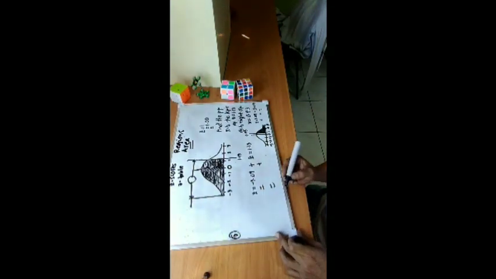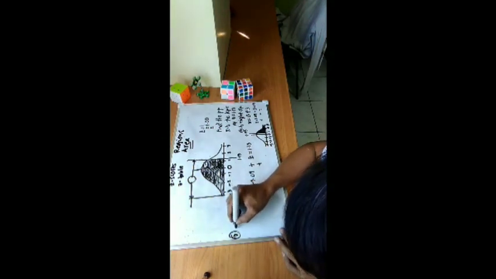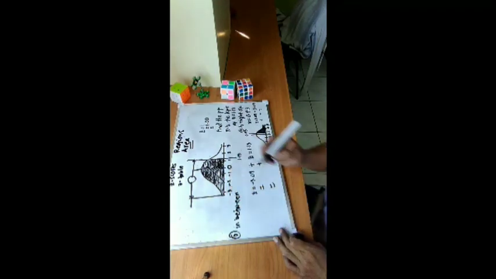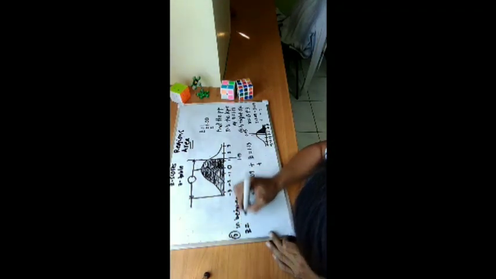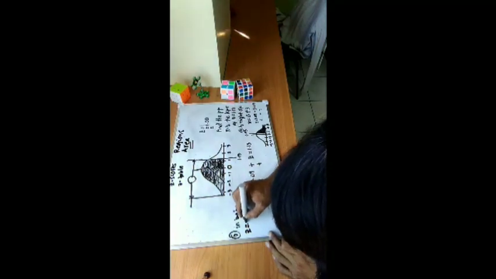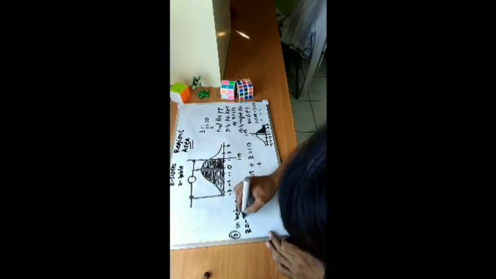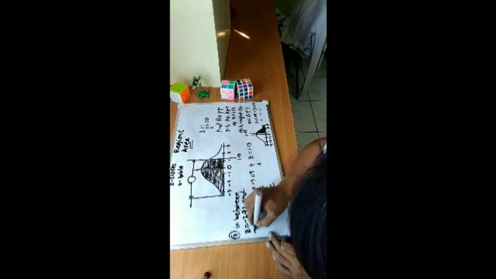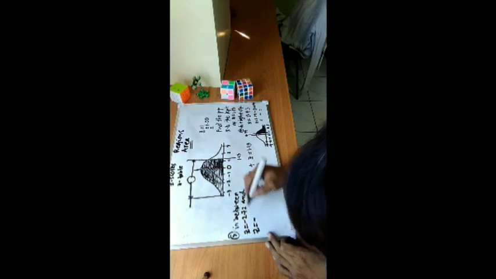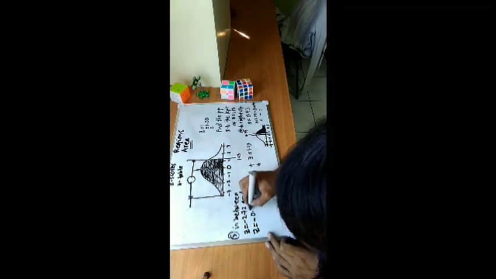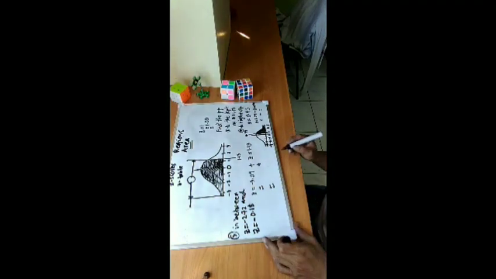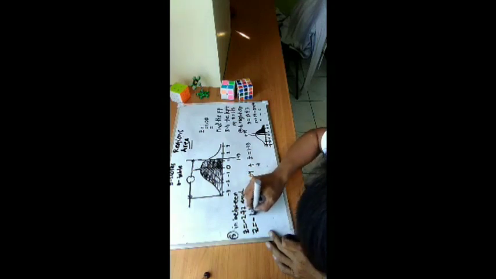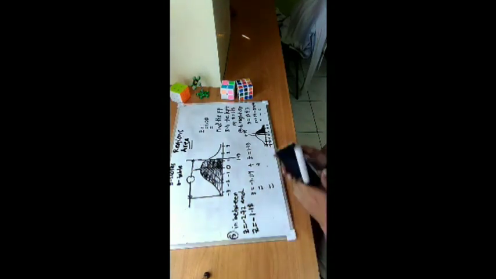Find the area which is in between z equals negative 2.72 and z equals negative 1.18. How do we locate this region?